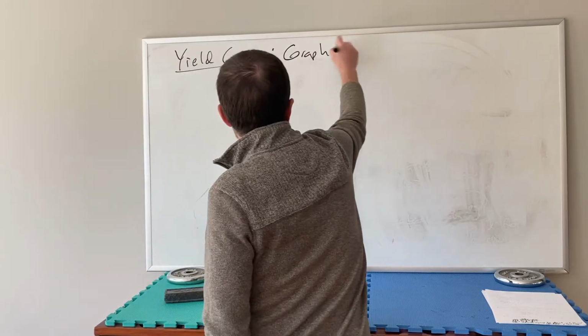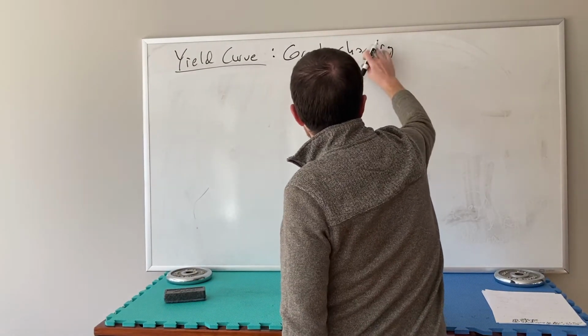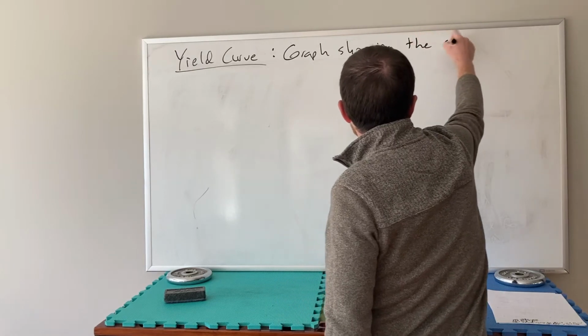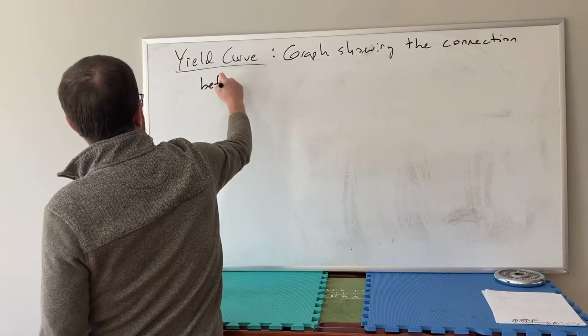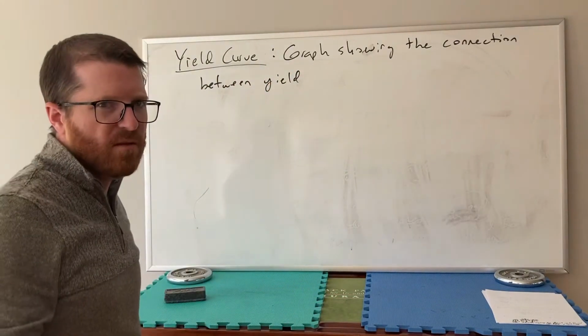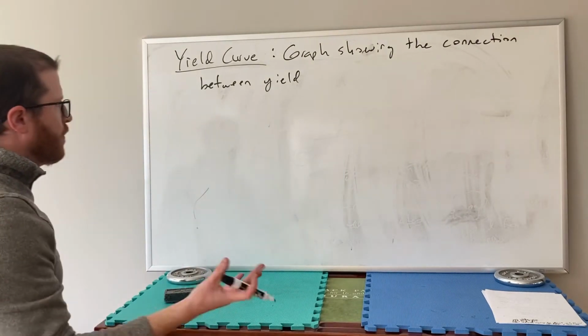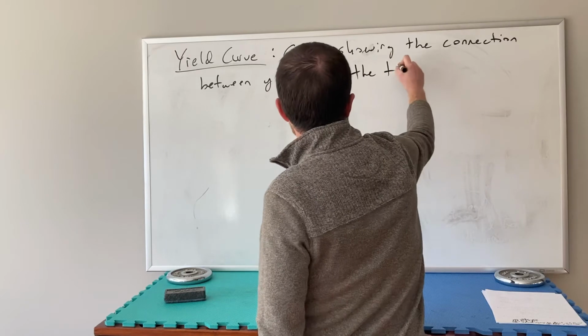It's just a graph showing the connection or correlation between the yield, all right? Keep in mind, yield just means interest rate, okay? It's just another term for it. So it's a graph showing the connection between the yield and the time to maturity.